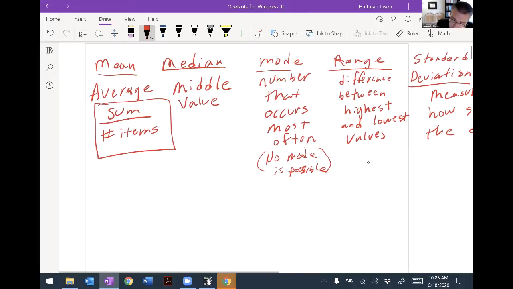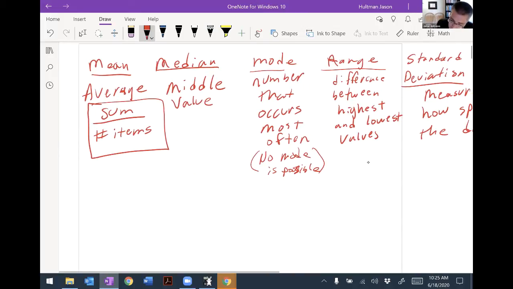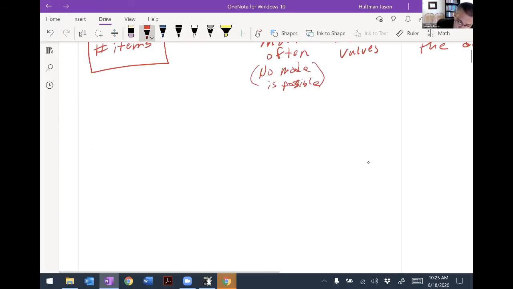Okay, so let's do an example with these. Let's take 4, 5, 5, 5, and 6, and we'll call this data set 1.